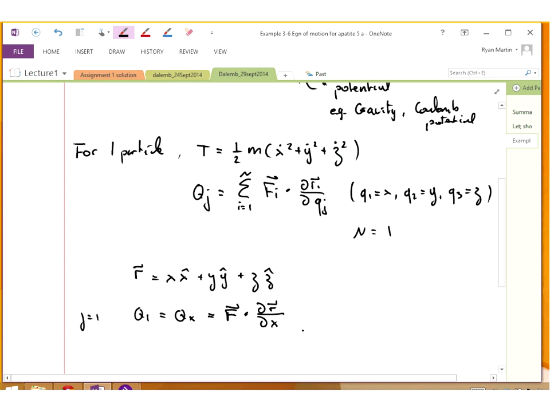Let's leave the force and we'll put the potential in a second. So that's the force F dotted with the partial of r by the partial of x. If you look at the vector r, the only term that depends on x is the first one, x hat. So it's F dotted with x hat, and that gives us the x component of F.